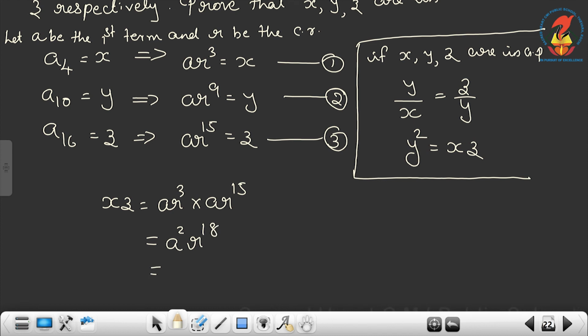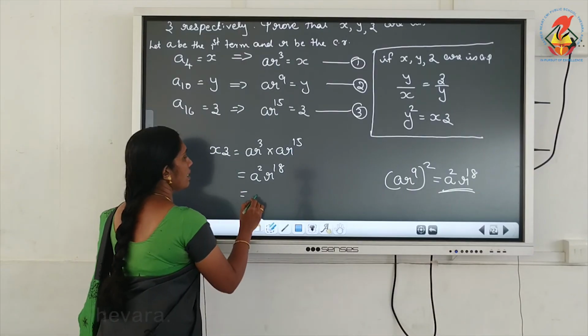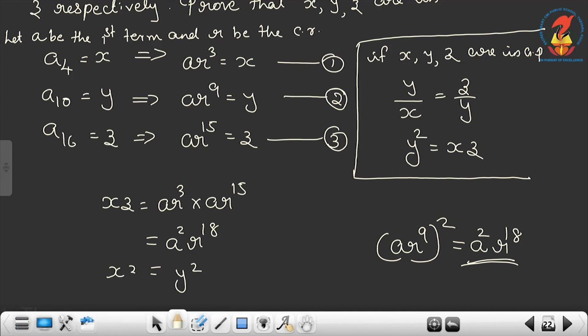Is it the same as y square? y square is equal to a square r raised to 9 square, that is a square r raised to 18. So when we multiply x and z, that is the same as y square. So you can conclude, therefore, x, y, z are in GP.